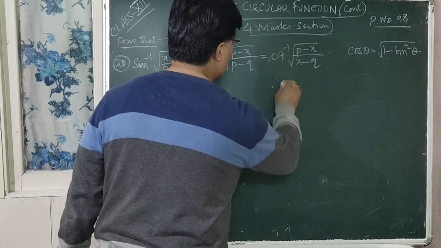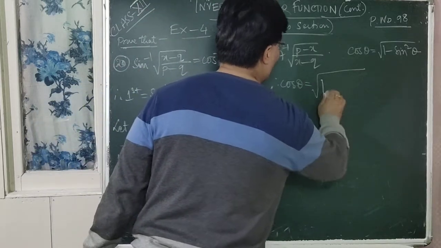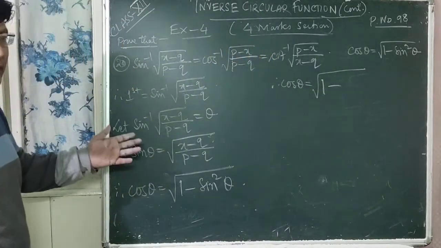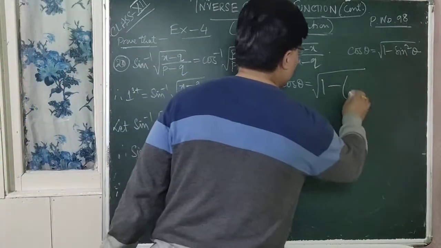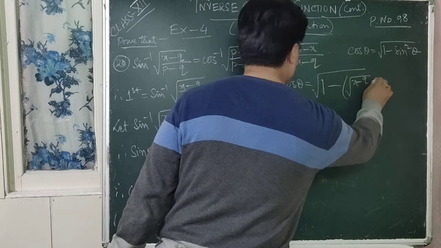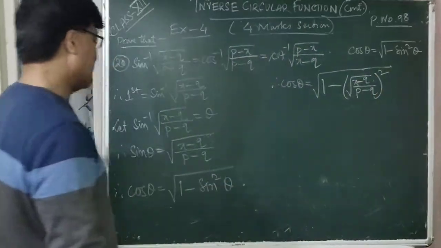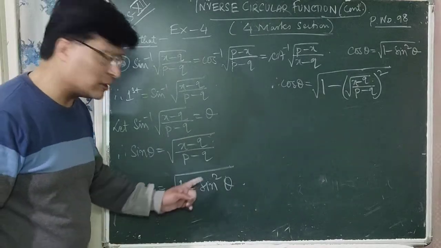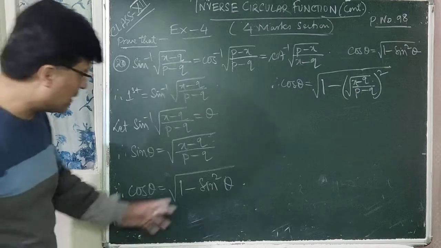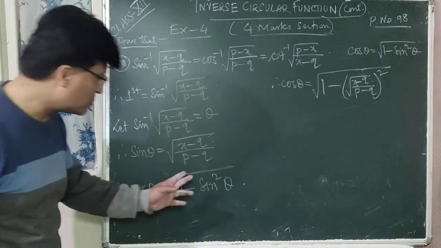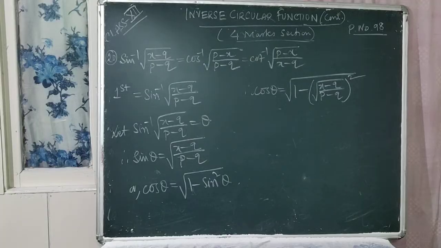So therefore cos theta is equal to root over 1 minus, what is sine square theta now? What is the value for sine theta? It is this one, within bracket root under x minus q upon p minus q whole square, right? That is, we have substituted the value for sine theta.